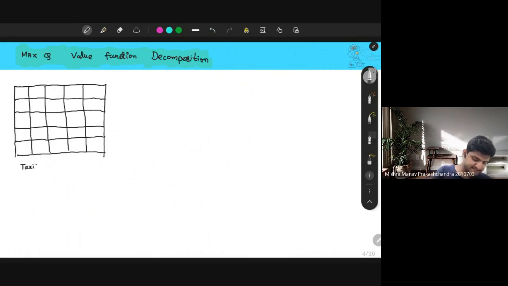It's called the taxi world domain. Okay. I hope I'm still audible to you guys, and I hope everything is correct. Okay. So here, there are certain locations where the taxi can't go. So these are like the walls or obstacles. Okay. So it's defined like this.